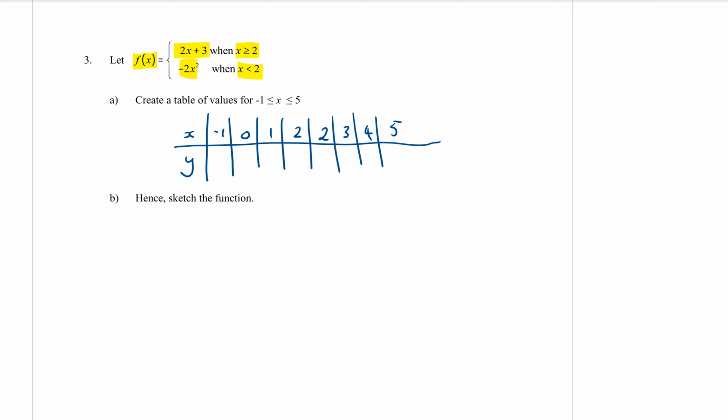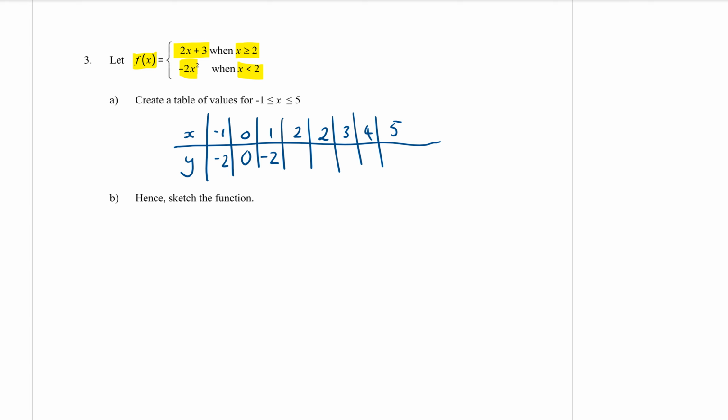Negative 1 is less than 2, which means I want to sub negative 1 into that equation. So negative 1 squared is 1, times by negative 2 is negative 2. Okay, 0, still in this category. So 0 squared times minus 2 is 0. Okay, we keep going. 1 is still in this category. 1 squared times minus 2 is minus 2.